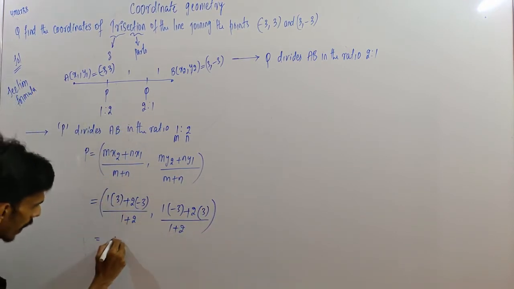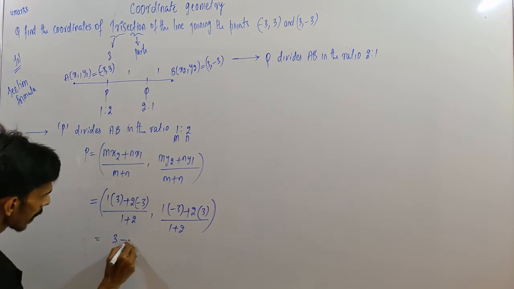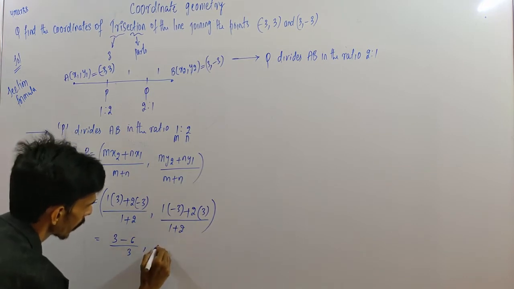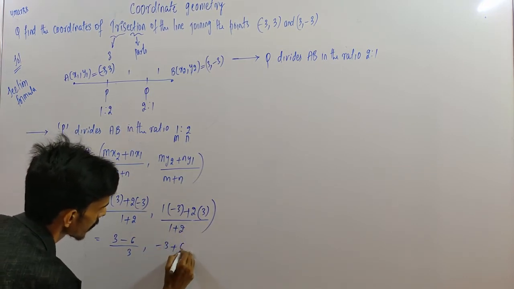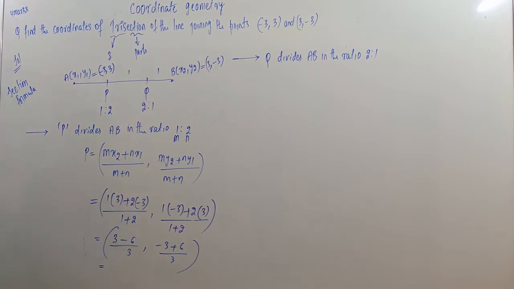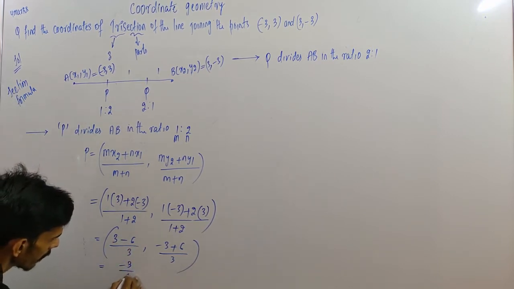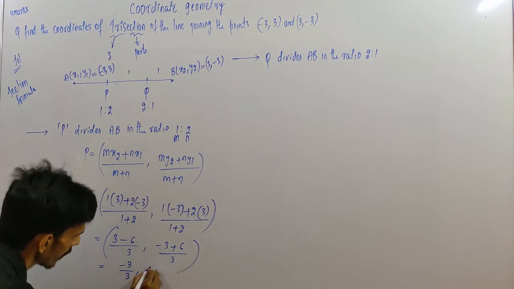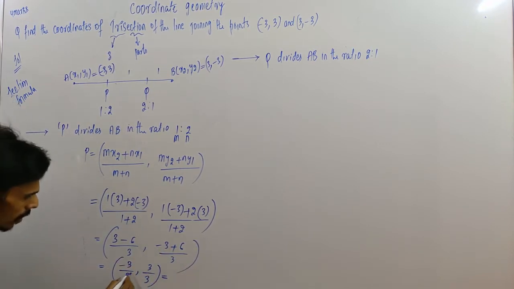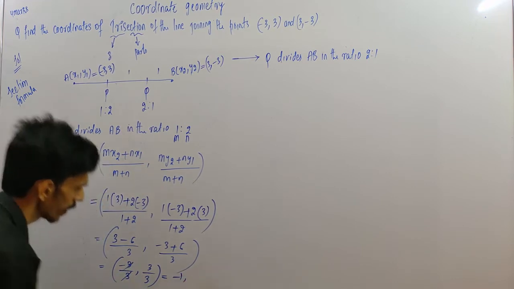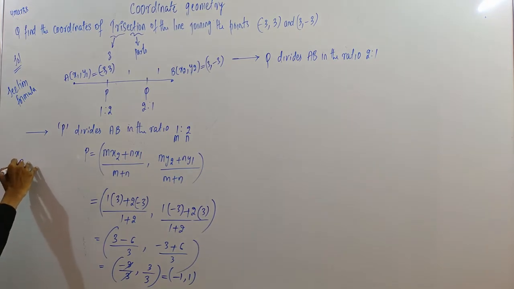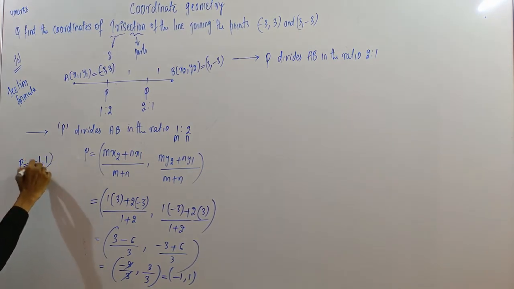So 1 into 3 we have 3, plus 2 into -3, -6, divided by 3. 1 into -3, -3, plus 2 into 3 we have 6, by 3. 3 minus 6 we have -3, -3 divided by 3 is -1, and -3 plus 6 we have 3, 3 divided by 3 is 1. Hence we got P value as -1, 1.